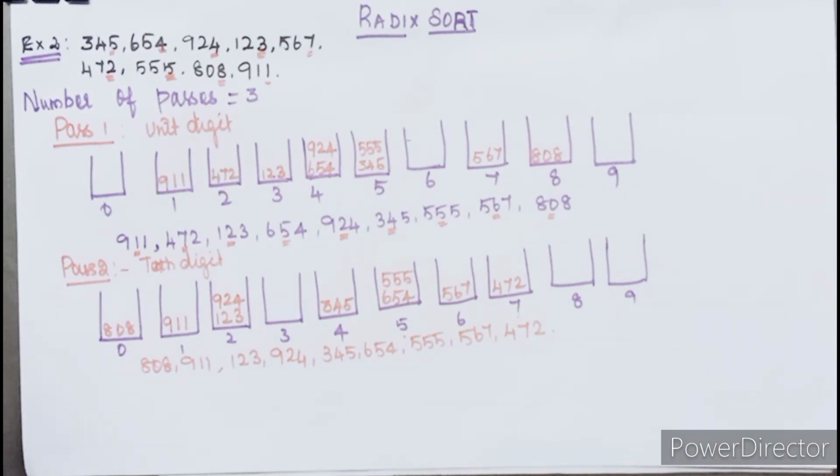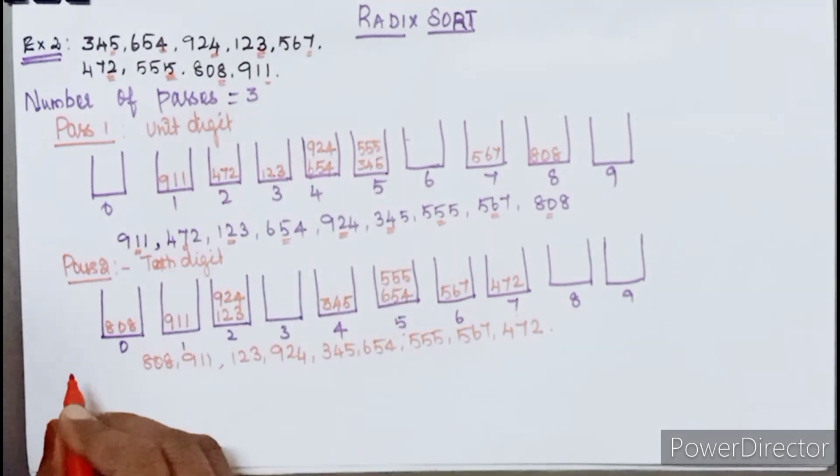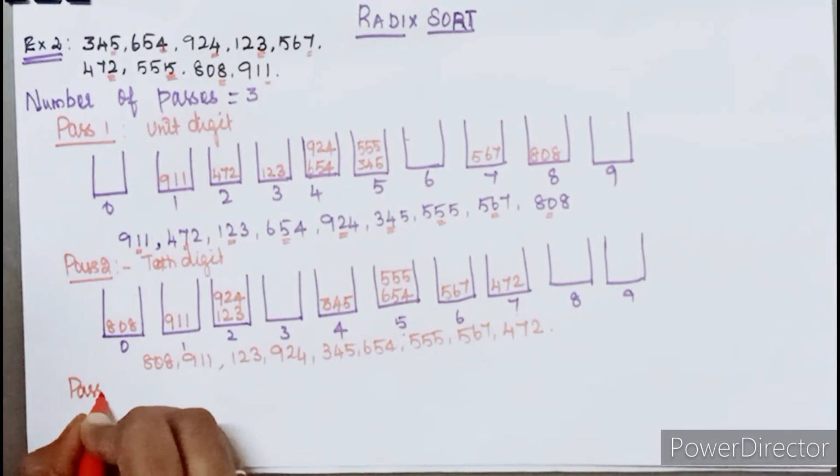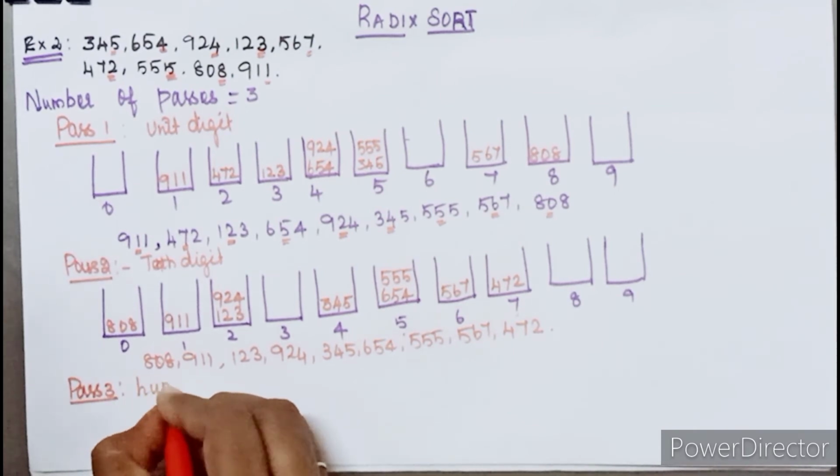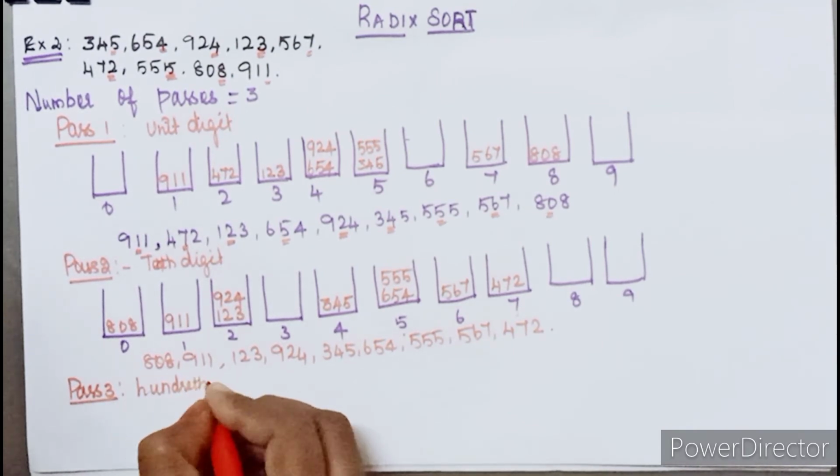This is the input for the next pass. Totally we have 3 passes. So this is the input for pass 3, and in this pass we have to check the hundreds digit.